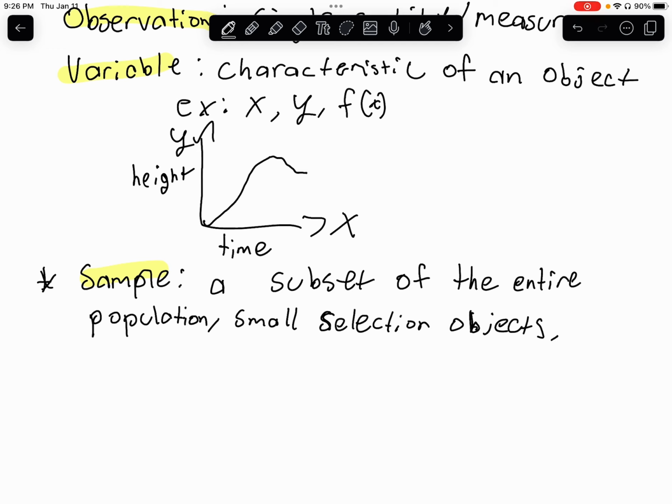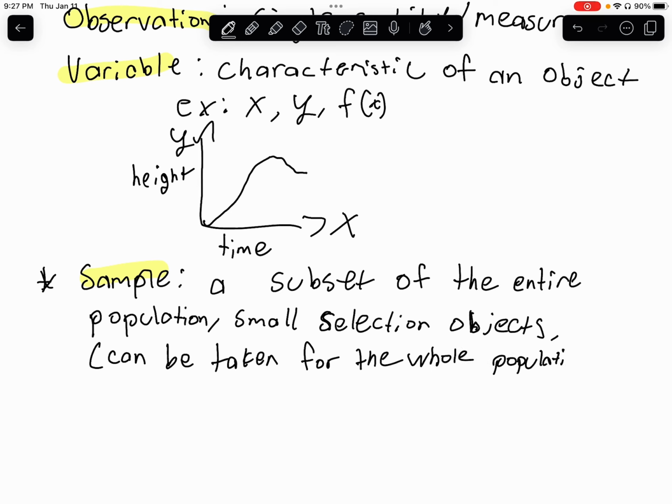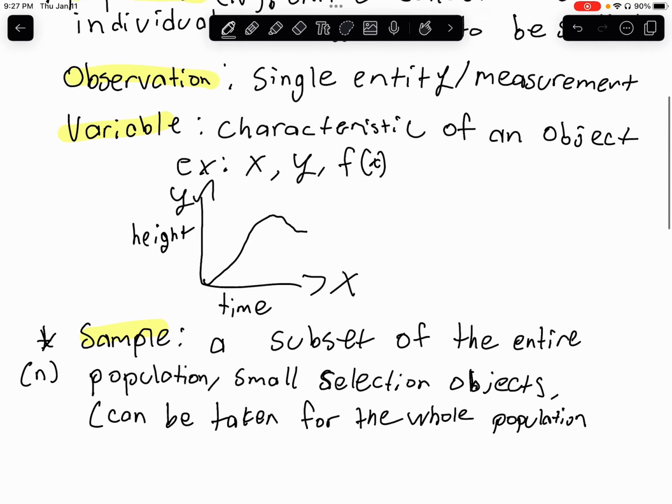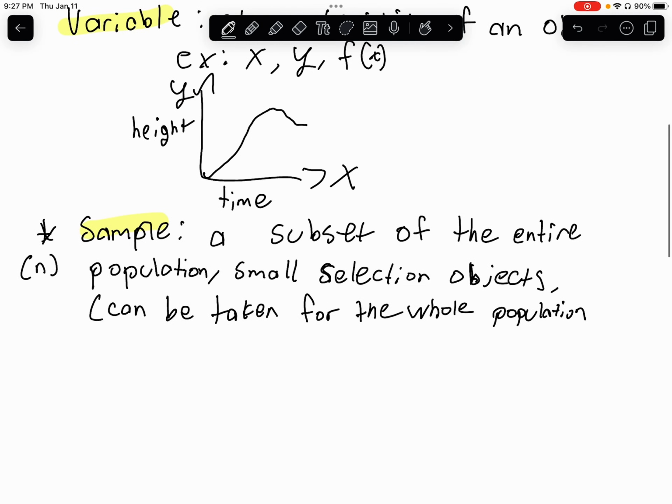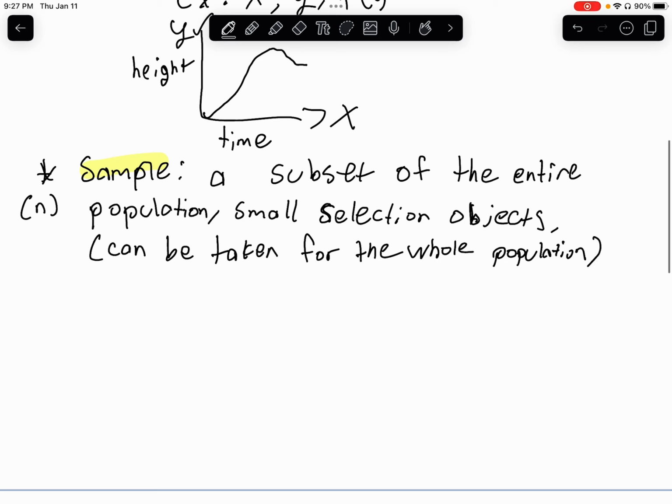I'll put a note that it can be taken from the whole population. How do these relate? The population is usually a capital N, and the sample is a lowercase n. As we move on, these are the definitions of population and sample.